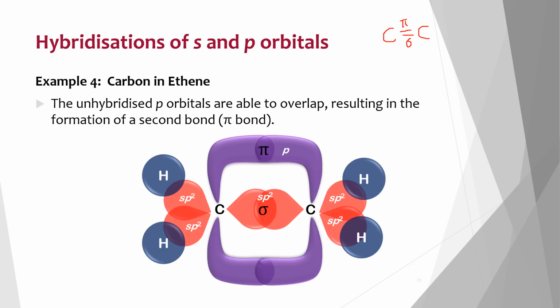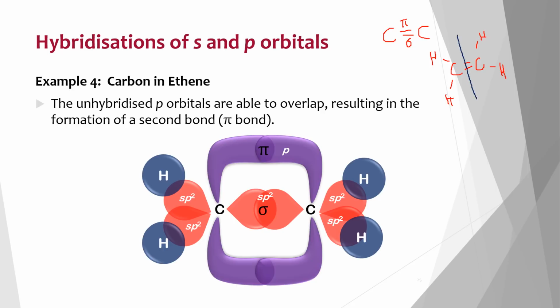For the hybridization of carbon in ethene, the Lewis structure for ethene will look like this, where you can focus on one of the sides only.